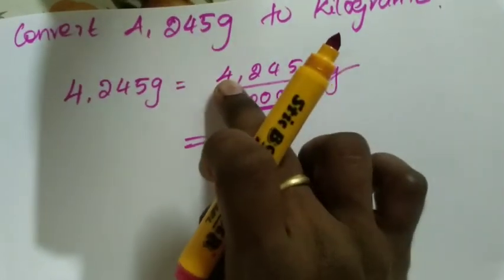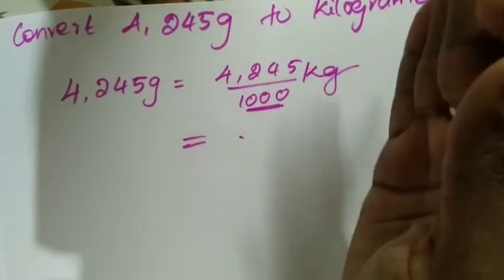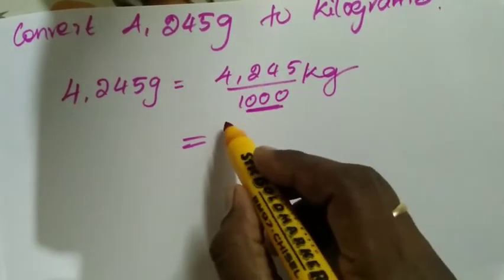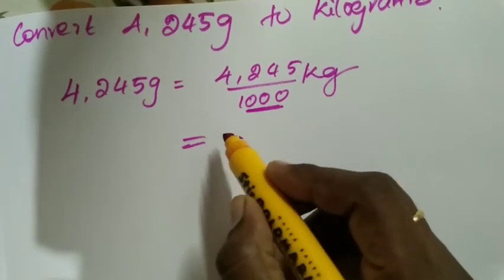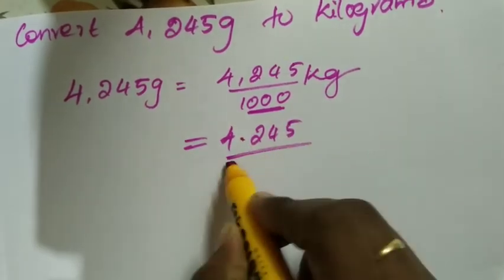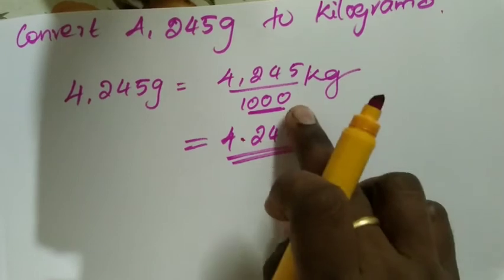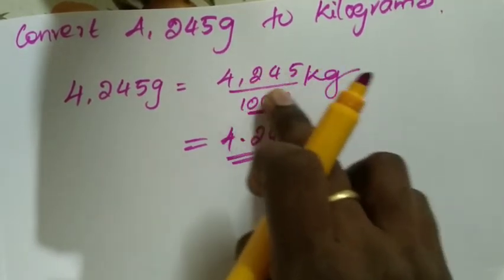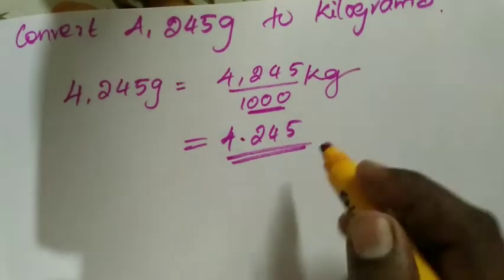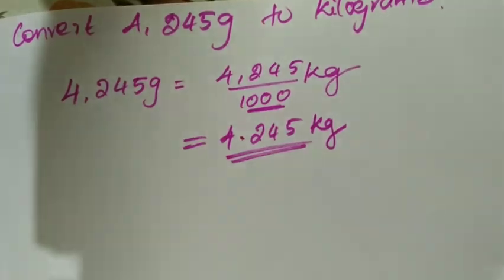Here we have 4 numbers, so keep the decimal point after 3 numbers from right to left. So our number is 4.245. Here after the decimal point there are 3 numbers because the denominator contains 3 zeros. Are you clear guys? So the answer is 4.245 kilogram.